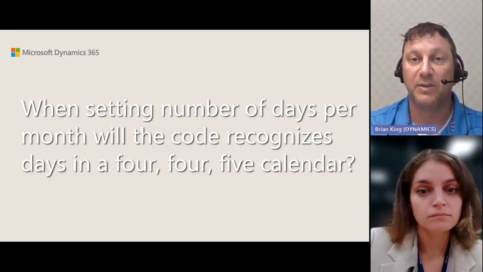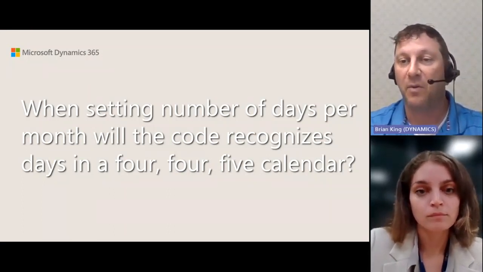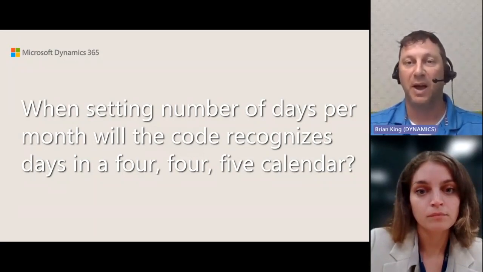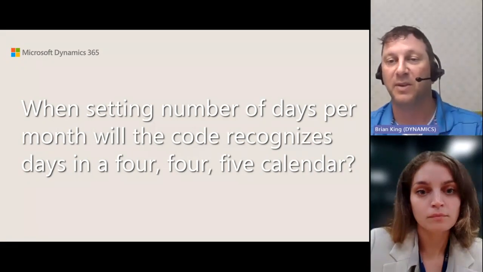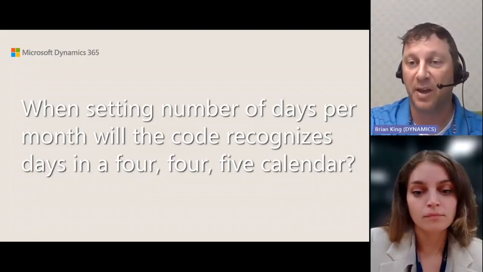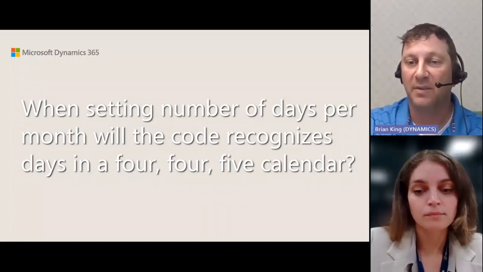In scenario 4, we used the fiscal period setup. When you're doing the proration equal per period, that will depend on whether that option is marked. Then we should look at the number of days in that period and adjust based on that. So if you're in a retail scenario or a 445 calendar scenario, you'd want to use that fiscal period option that we talked about in scenario 4.